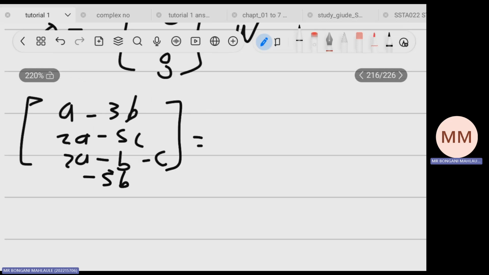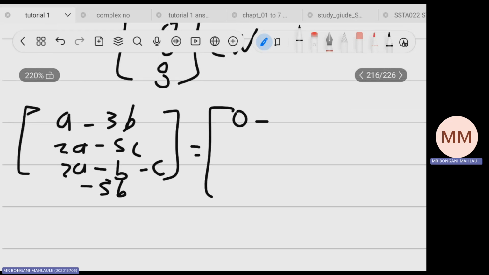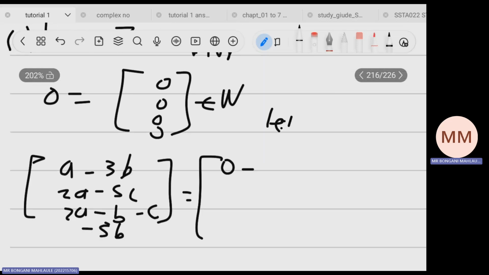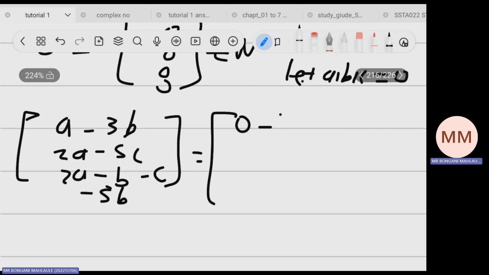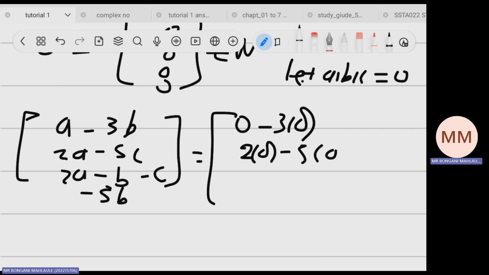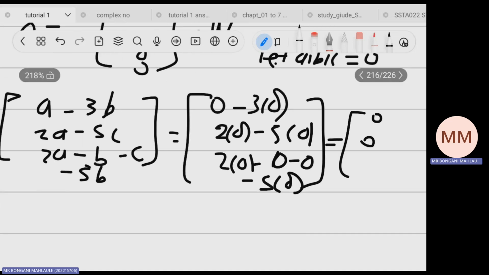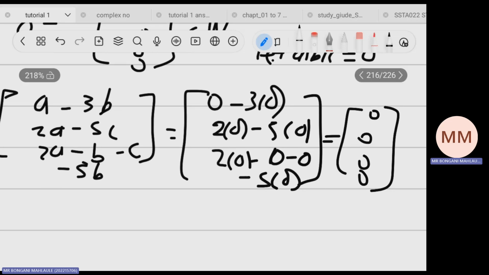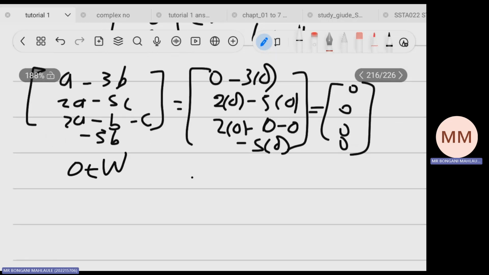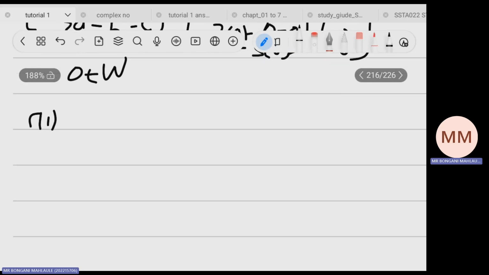So we're going to replace the 0 wherever. So we're letting A, B, C to be 0. So you'll see that this will give us zeros. So 0 is an element of W, the first condition.